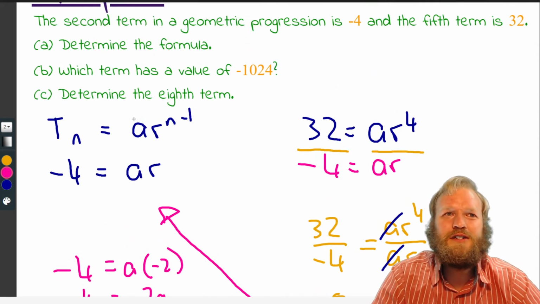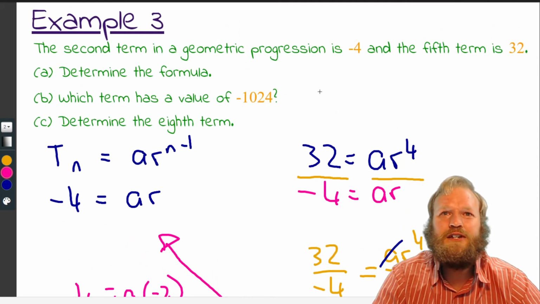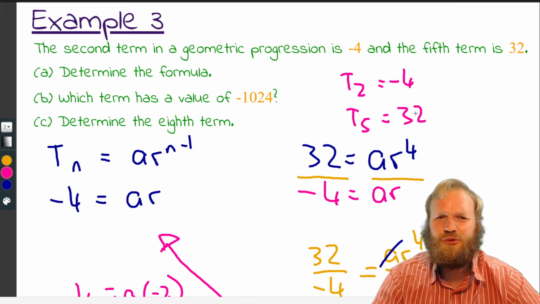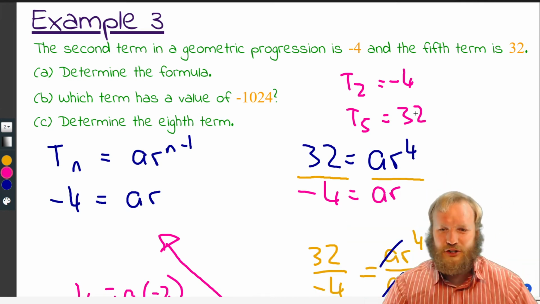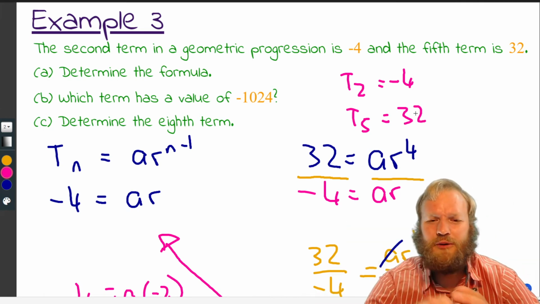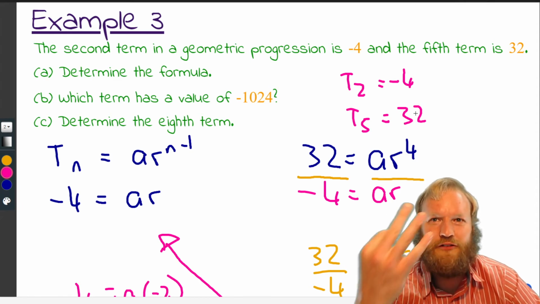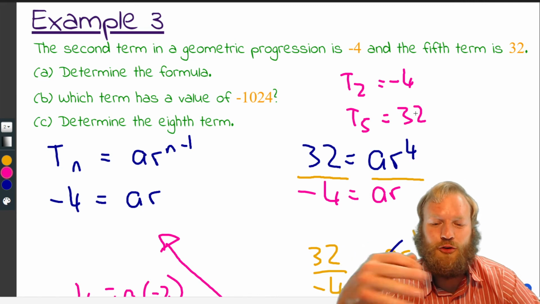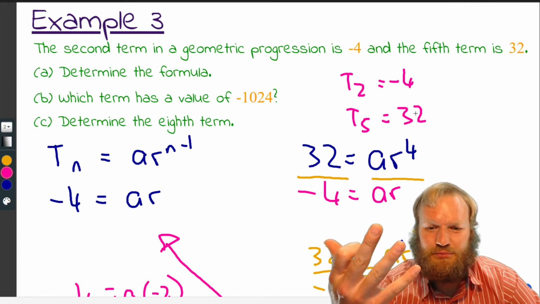T2 is -4 and T5 is 32. We can think, how many jumps are we doing to get there? Well, from 2 to 3 to 4 to 5. So we must be multiplying -4 by something to the 3.